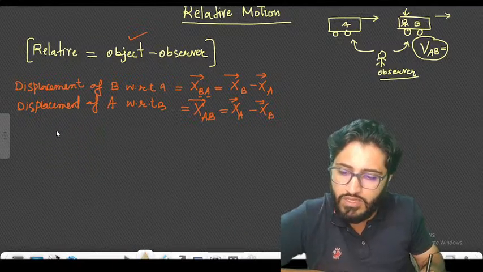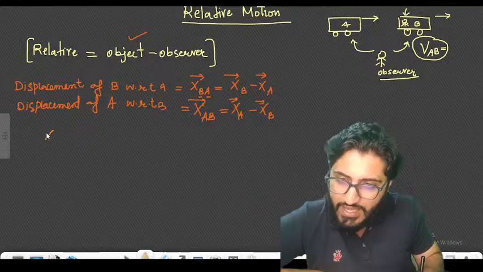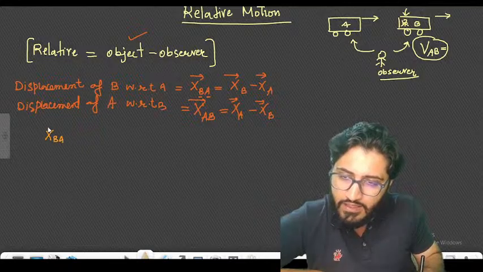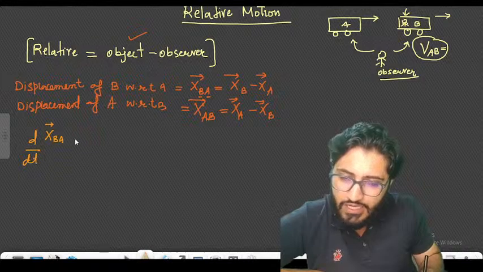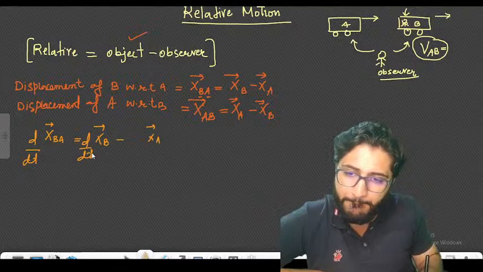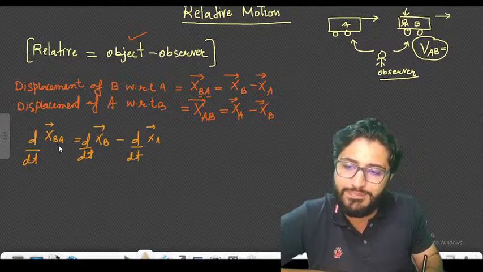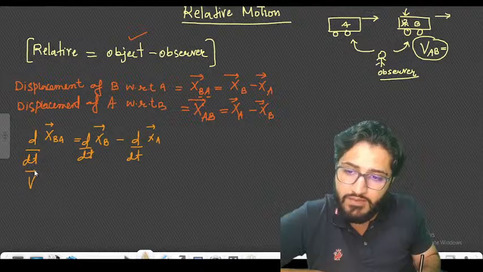Now one more thing. Look now, if I differentiate it, we are having XBA equals to XB minus XA. So differentiate both sides with time. XBA differentiation will be VBA.